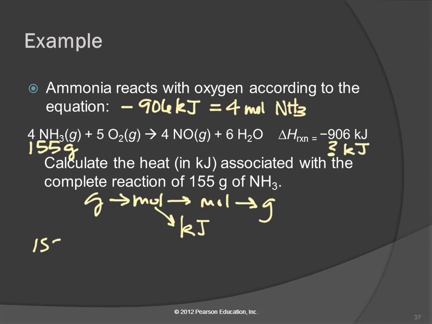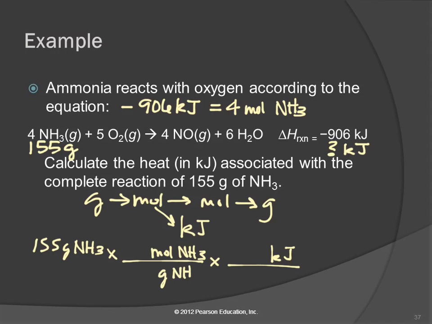So 155 grams of ammonia times, and we're going to go to moles of ammonia, and then we're going to go to kilojoules of energy. And the units, we're going to follow our pattern with dimensional analysis, so that our units all work out.